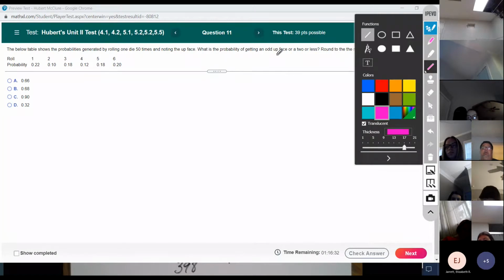And we're going to make odd magenta. So odd is going to be 1, 3, and 5.